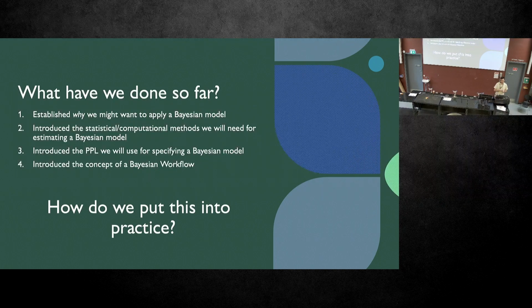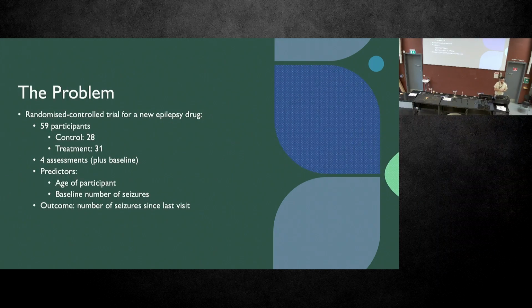So let's say, for example, that you were an analyst for a drug company. If you have higher moral standards, you might just be a university academic. And you've completed a randomized control trial for a drug for epilepsy.